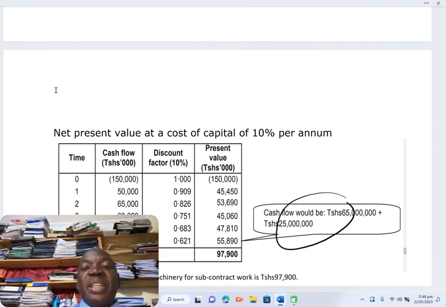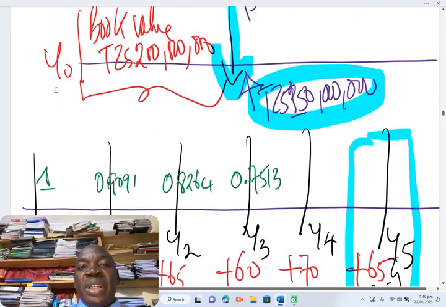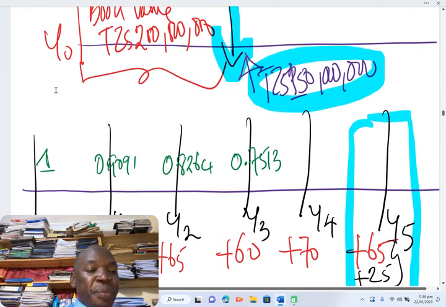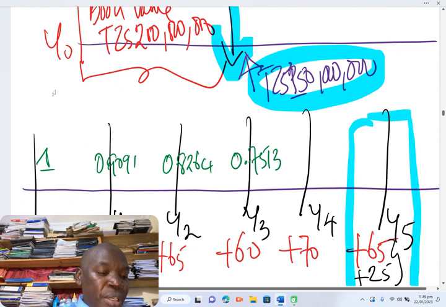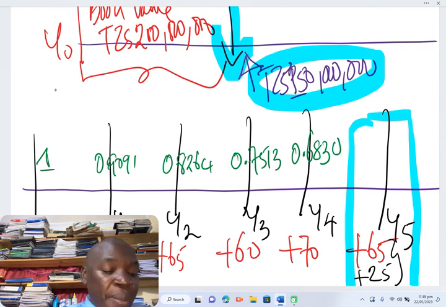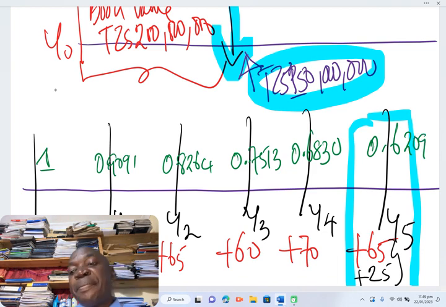Let me compute again here to check the accuracy using a calculator, because I'm picking from my friend. So 1 divided by 1.1 equals 0.6830, then 0.6209.